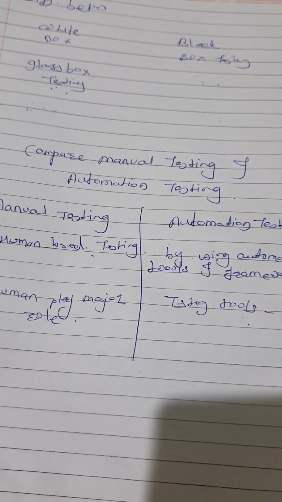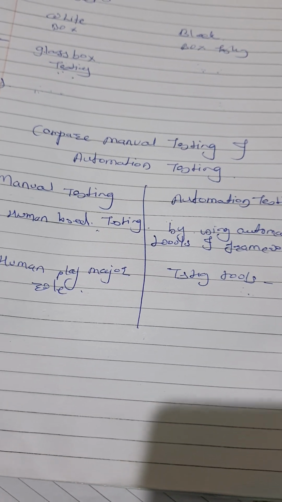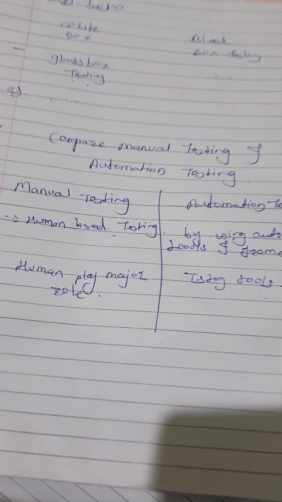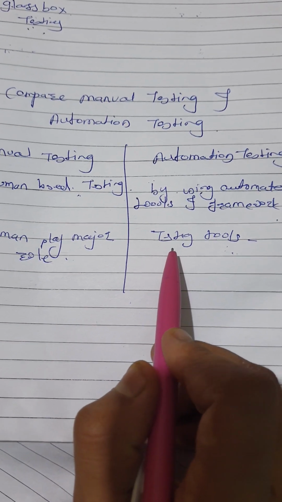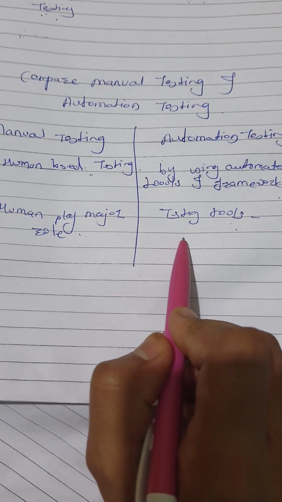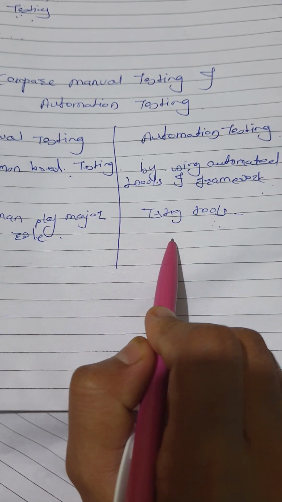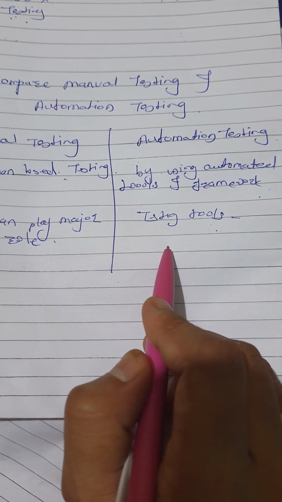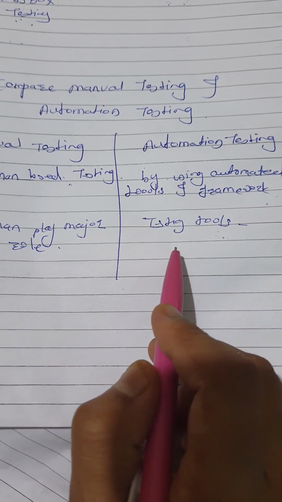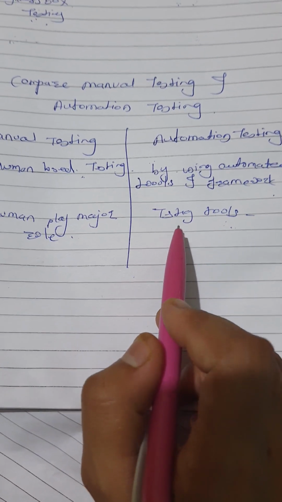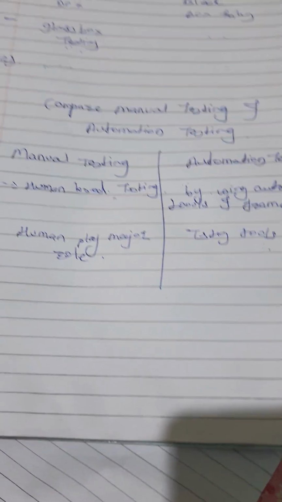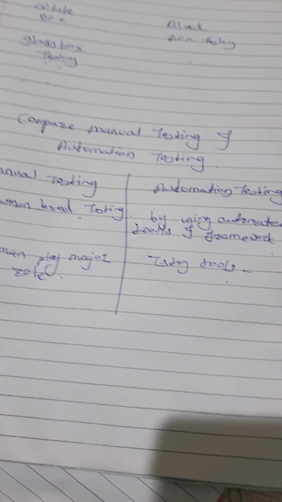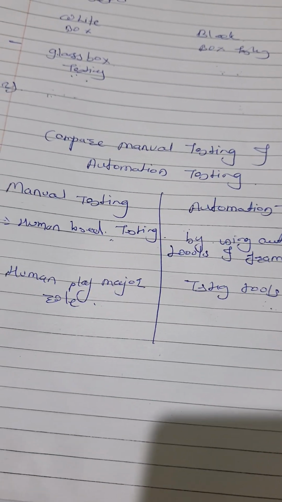So obviously if you use automated tools and frameworks, then it is automation. Automation testing is much faster than manual testing, because you use different testing tools to identify errors. So manual testing is slow and automation testing is faster.